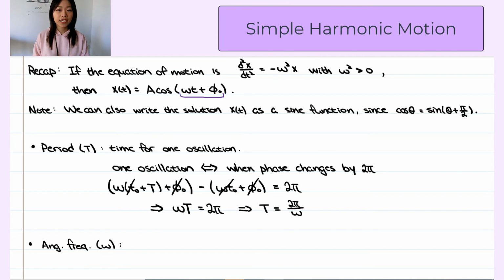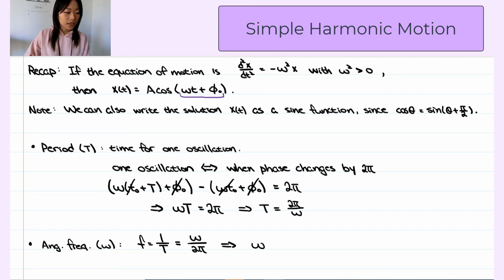And frequency would be the number of oscillations per unit time, which is the same thing as 1 over period. And we just found that the period is 2 pi over omega, so 1 over period is omega over 2 pi. So here we get omega is the same thing as 2 pi times the frequency.